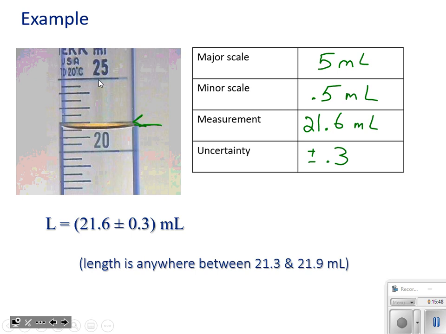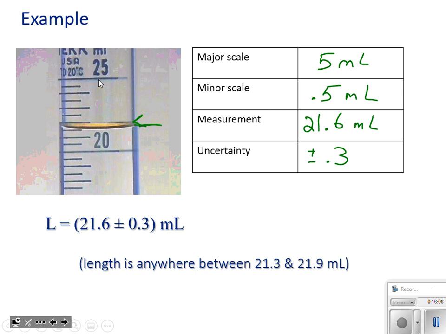So the acceptable range, if you were making this reading in the laboratory, would be anywhere between 21.3 and 21.9 milliliters based on the uncertainty of your instrument.